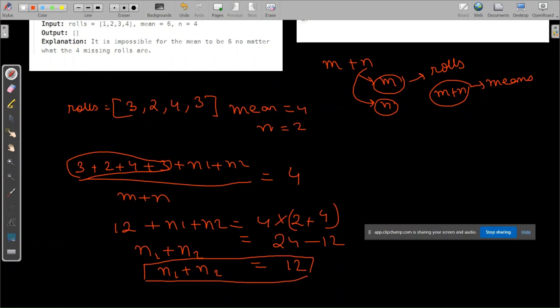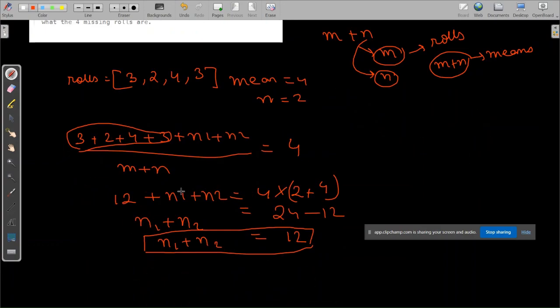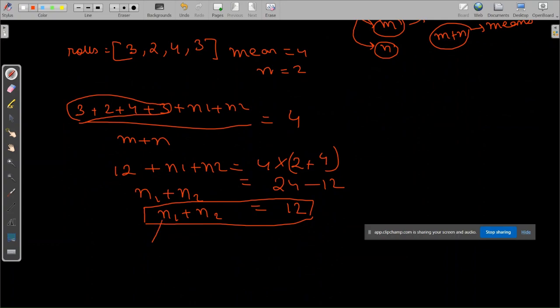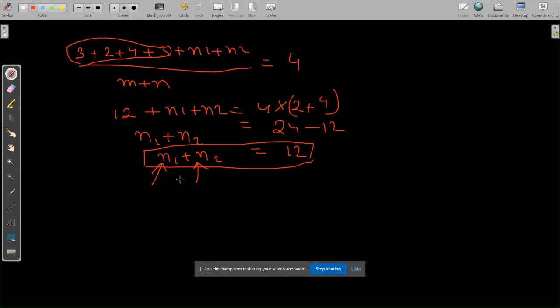Now I need to check this 12, which is the sum of these two elements. I need to put the values of n1 and n2 in such a way that it comes to 12. Let's check how to do this. Now n1 and n2 can have values from 1 to 6.